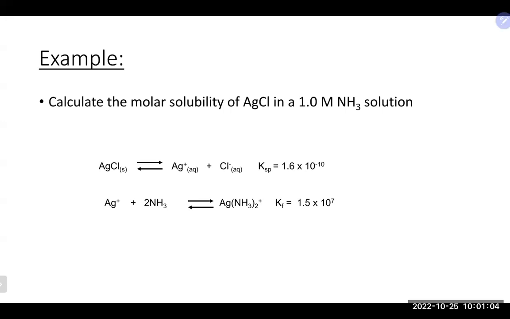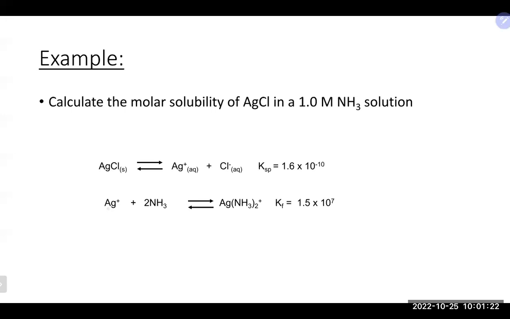And we have two equilibriums given to us. One is a KSP equilibrium, which is our silver chloride breaking apart into the silver ion and the chloride ion, and we have our KSP value of 1.6 times 10 to the minus 10.